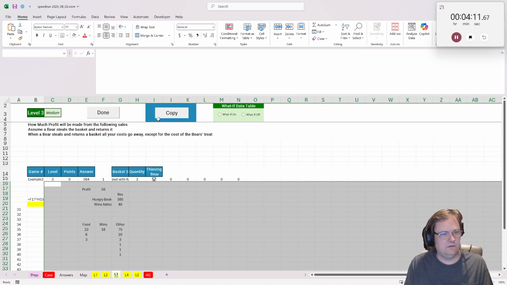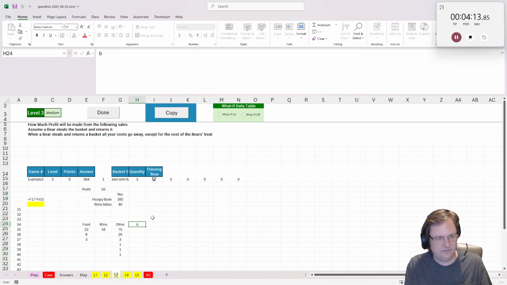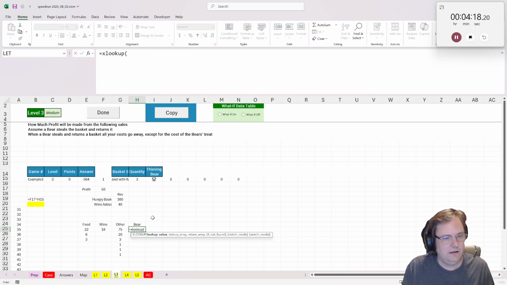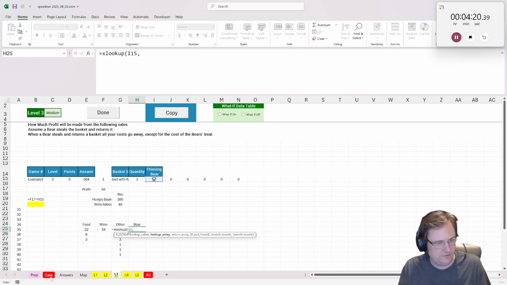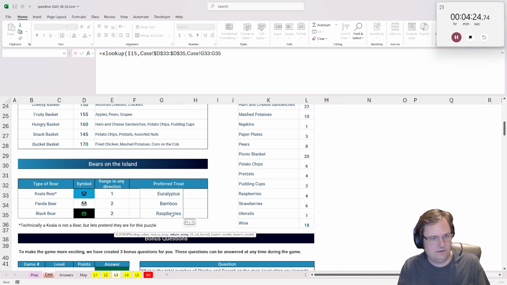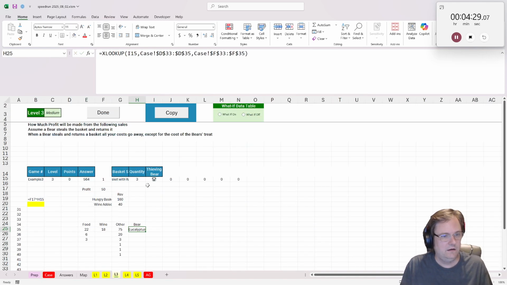So now the bear is going to steal the basket. So I'm going to add a cost for a bear. So I got to give the bear a treat. So I look up the bear's picture here in order to find out what treat they like, which is here.